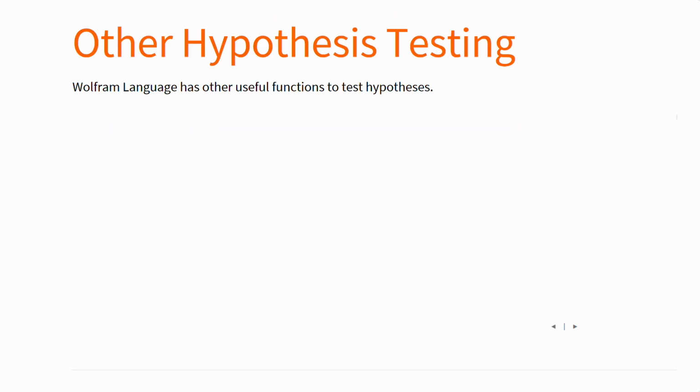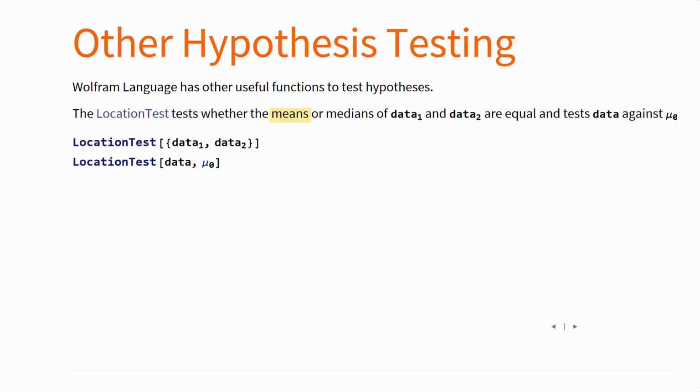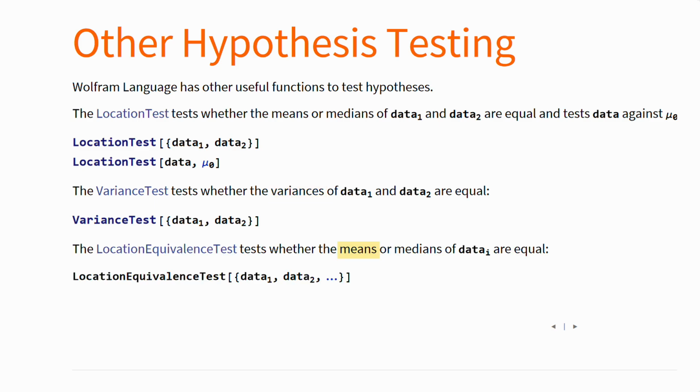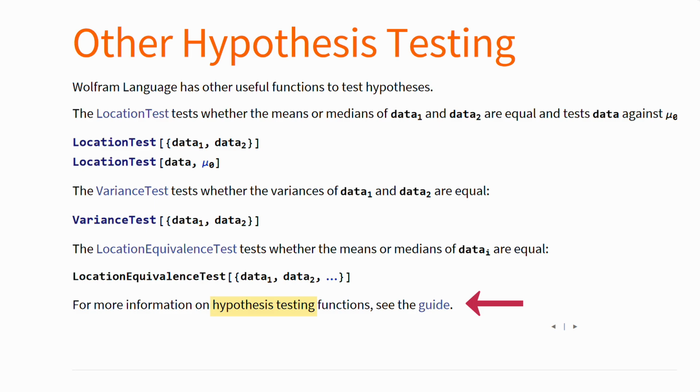Of course, the Wolfram Language also has more tools for hypothesis testing, such as LocationTest for testing similarity between means, the VarianceTest to test similar variances, and LocationEquivalenceTest to test the mean of multiple datasets at the same time. If you need more information, see this guide on hypothesis testing.